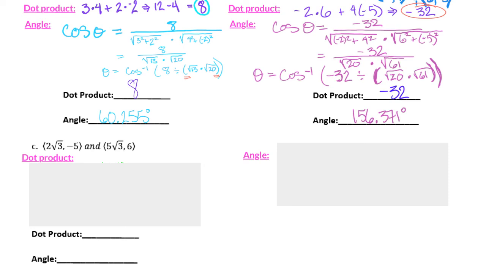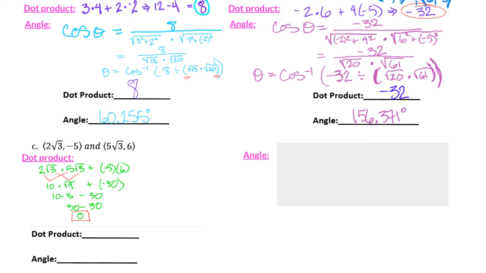So let's move on to the next one. Part C is, actually, we're going to discover something here. So hopefully you did the first part, the dot product, 2 root 3 times 5 root 3. When you're multiplying these, this goes back to Algebra 1, you multiply your outside parts, so 2 times 5 to get 10.